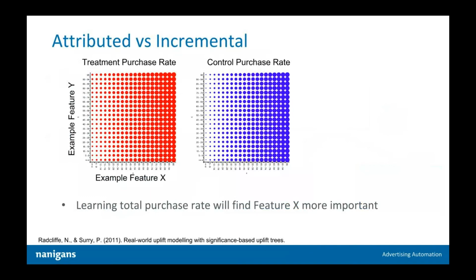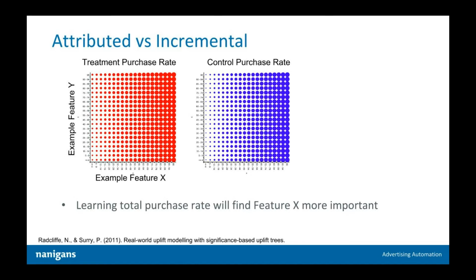I'll go through one more intuitive example. In this case, if you were trying to learn the purchase rates, so this is the baseline, who's going to purchase things without thinking of who's actually impacted, we would have a treatment purchase rate on the left, with two example features, where the purchase rate is indicated by the size of the circle, and a holdout purchase rate.